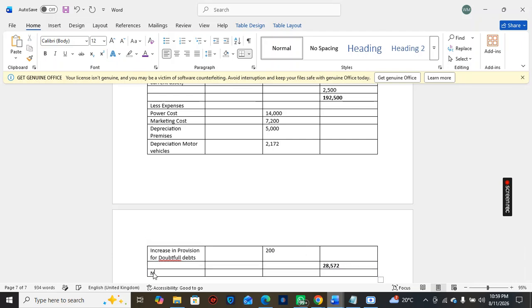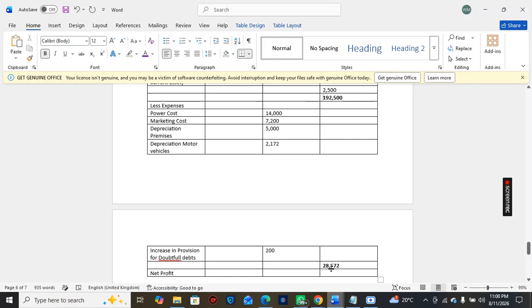Then you're going to say net profit. The adjusted gross profit, 192,500 minus the total expenses, 28,572.